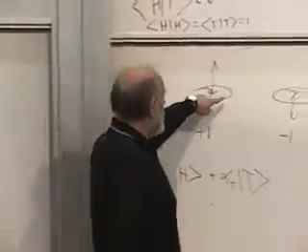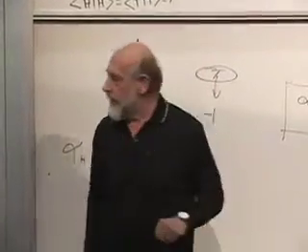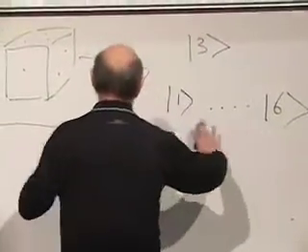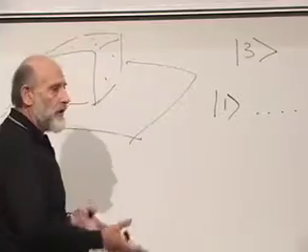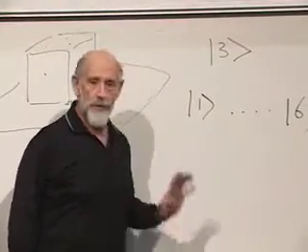Here, the state vector space was two-dimensional, 2 basis vectors. Here, the state vector space is 6-dimensional. 6 orthogonal vectors, all mutually orthogonal and of unit length.